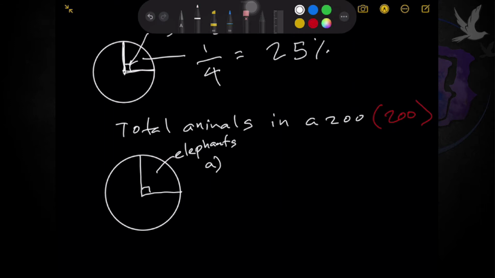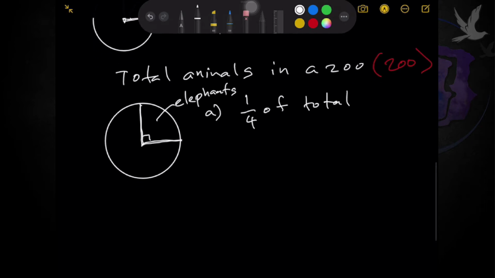And now, because of this drawing, itong 1/4 na to, you now know that the number of elephants is 1/4 of total, which is in this case is 200. Diba? So how will you be able to get the number of elephants in that zoo? Because of this data, because of this graph alone, itong pie chart na to. So 1/4 of total, which in this case is 200. Okay.